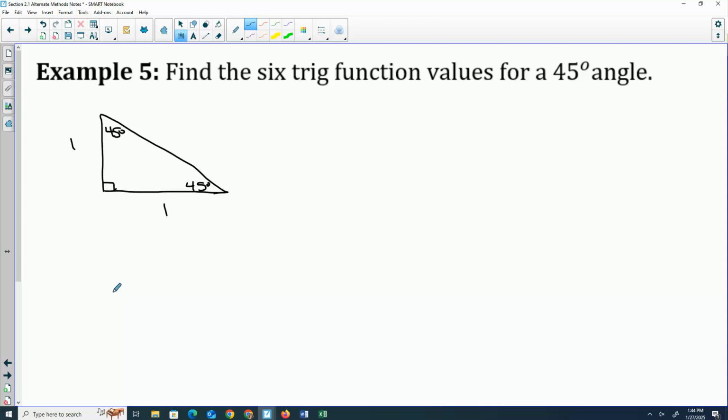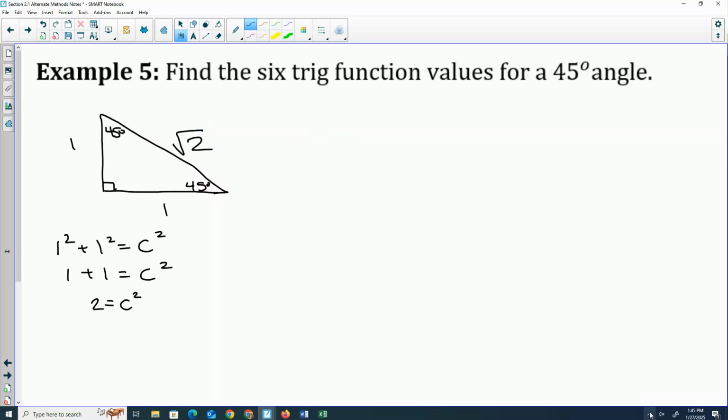You could pick any value you wanted. All right. So if I find my missing side, 1 squared plus 1 squared equals c squared. So c squared is 2, so this side is the square root of 2.